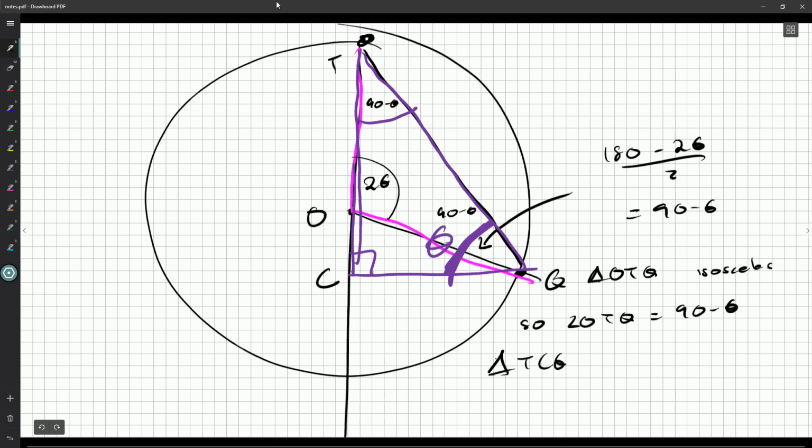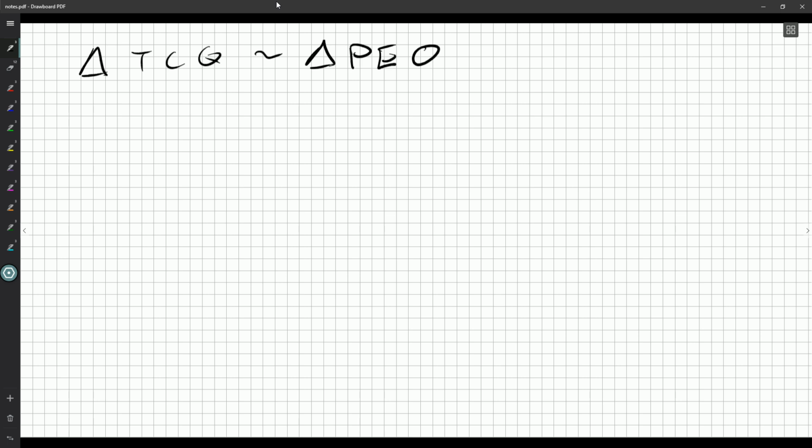Triangle TCQ is a right angle triangle. So TQC is theta. And since it's a right angle triangle, we can see that triangle TCQ is similar to triangle PEO. O has the 90, has the theta at it, so O and Q correspond. E was the 90 degree angle.